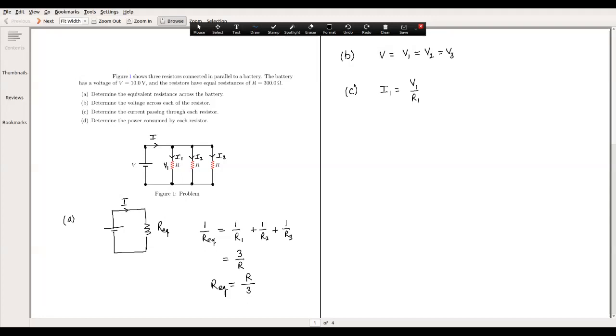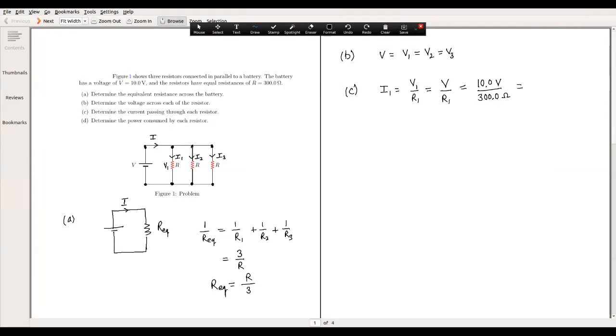So V1 is exactly equal to V. Once we know V1 is the same as V, we can say this is 10 volts divided by R1, which is 300 ohms. That gives an answer in amps. So 10 divided by 300 is 3.33, to 3 digits, times 10 raised to minus 2.